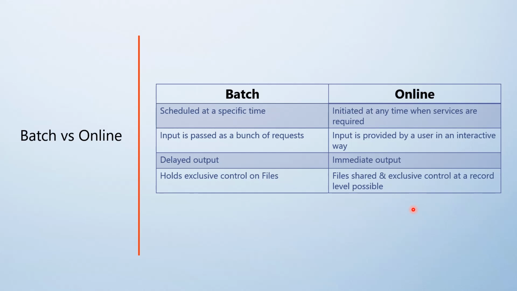In batch, output is delayed, whereas in online you get an immediate output. Batch has exclusive hold on the resources it controls, including files, whereas in online the resources are shared, and for files it can be at a record level as well.